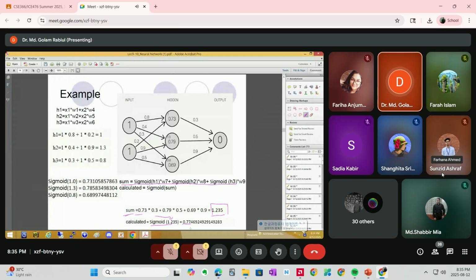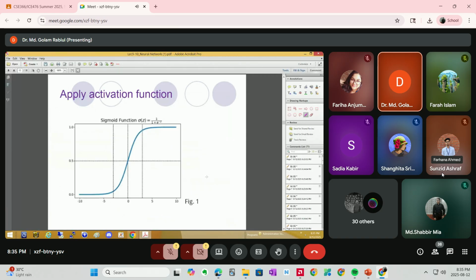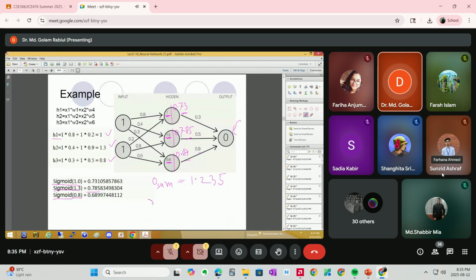Sigmoid of 1.235 is 0.77469, so you can see about 0.775. This will be our output result. So this is the predicted result.